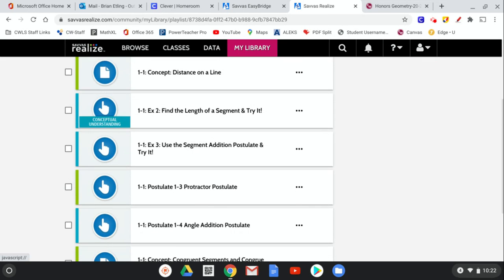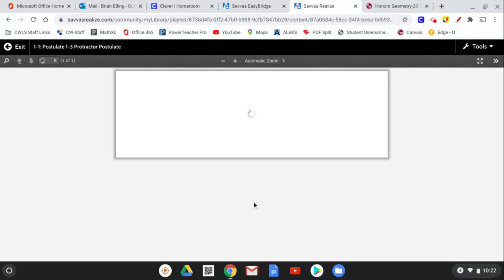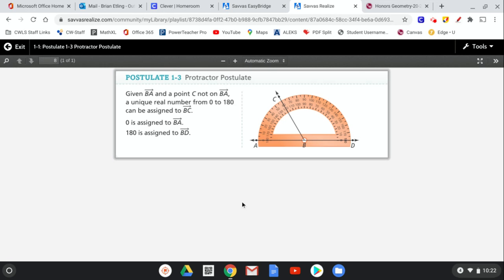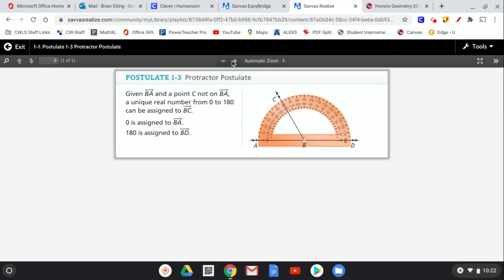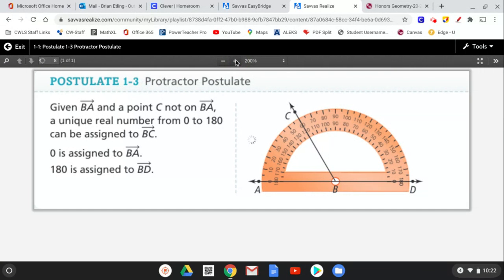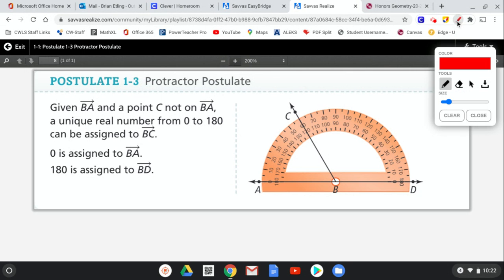So moving on to the protractor. It shouldn't be too terribly difficult here. I know you've probably used a protractor. Let me zoom in a little bit so we can see this better.